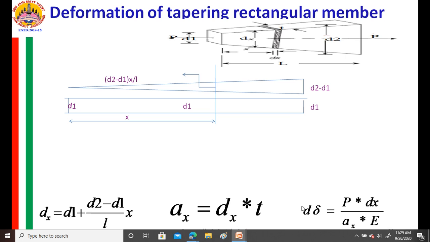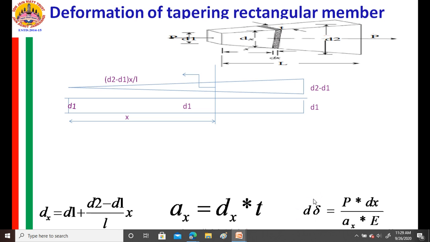Del D is the deformation in the small part, the change in length of the small part. Only this part I am taking. It is at a distance of x from one of the ends, and the length of that part is equal to dx. Therefore, what is the change in length?